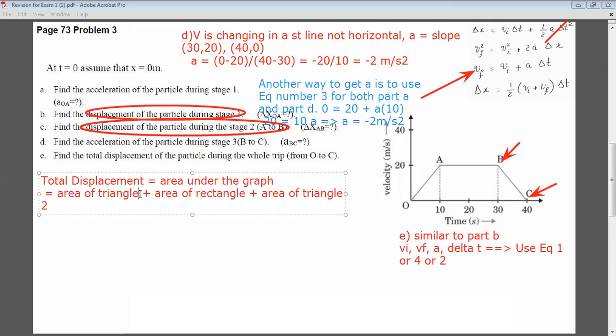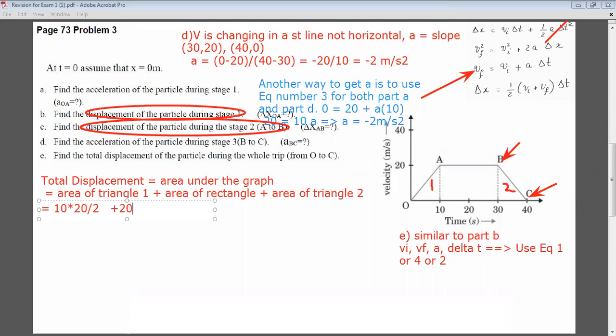Let's call them triangle 1 and triangle 2. So this is 1, this is 2. Okay. And how much is this? This is equal to 10 times 20 divided by 2. This is area of a triangle. Area of the rectangle is length times width, so it is 20 times 20.